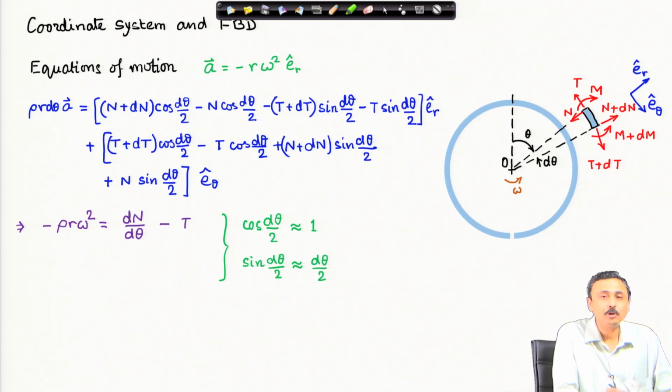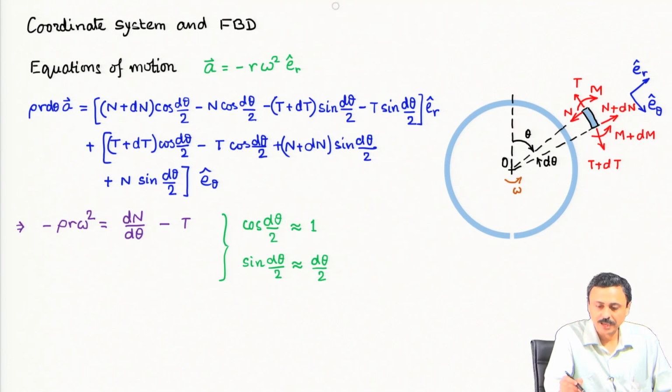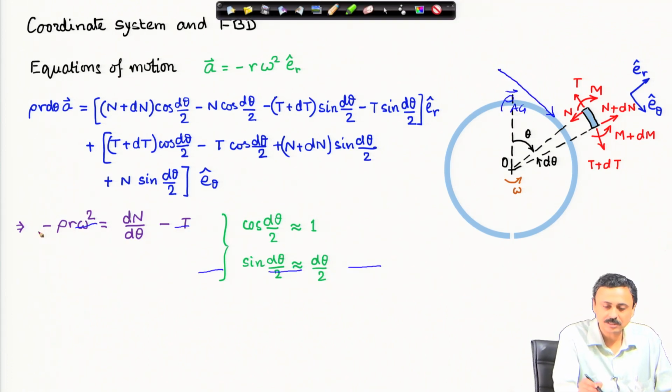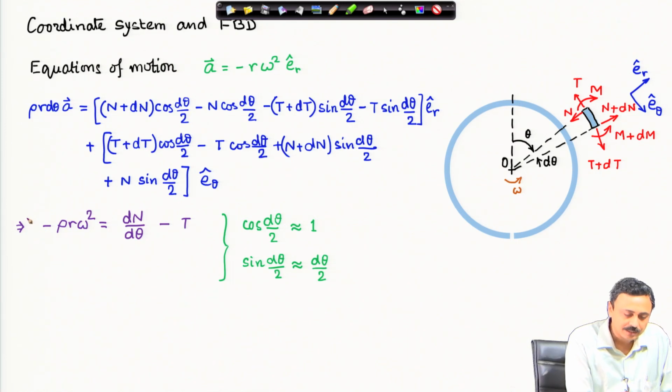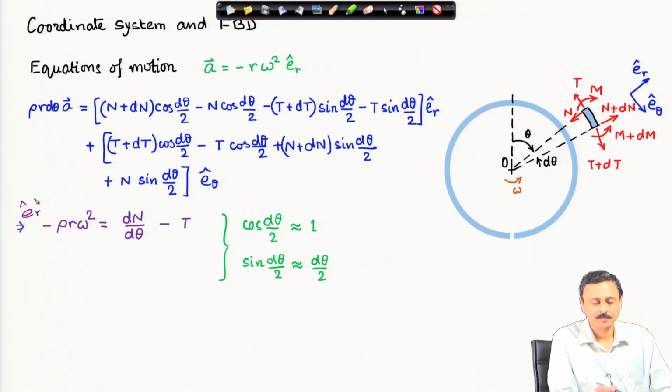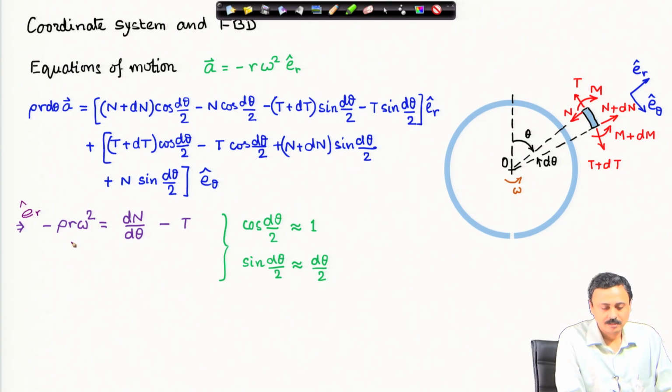Now, from here if you look at the components in the two directions, this is the e_r cap direction. From the left hand side we have this expression of mass times acceleration, so rho r d theta times r omega squared, that is rho r squared d theta omega squared.